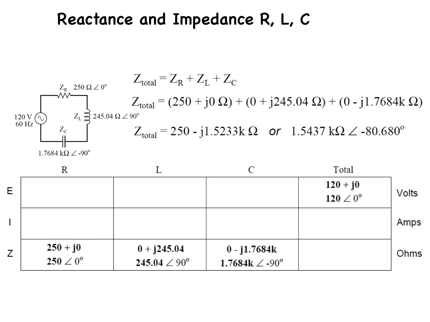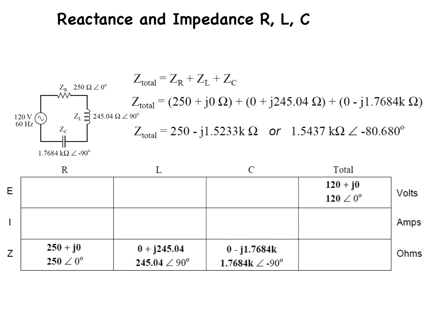So the total impedance for the circuit, because it's in series, is just ZR plus ZL plus ZC, which we are going to use the rectangular notation to start off with, because that's the easiest one to add.